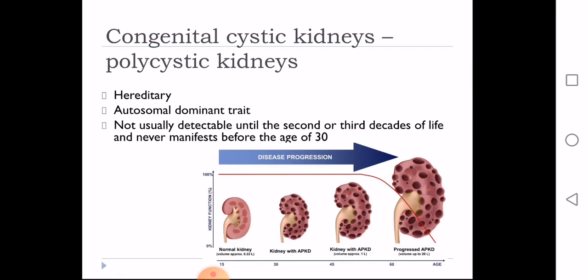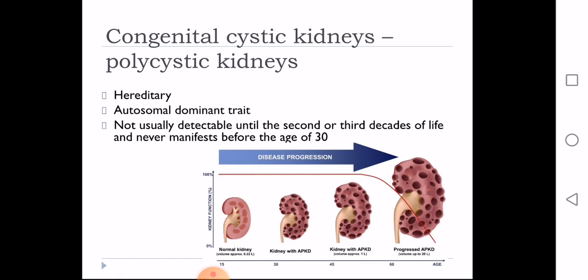It follows an autosomal dominant inheritance pattern. Even though it is congenital, it is not usually detected at birth. It is detected in the second or third decades of life and it never manifests before the age of 30.